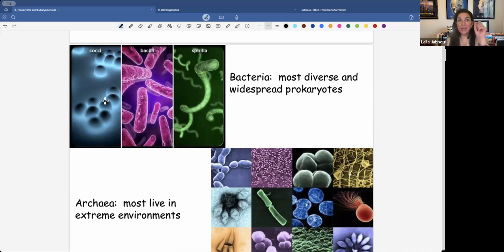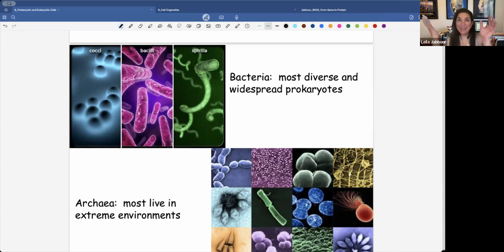They come as little round balls called cocci, or rod-like, long little rods called bacilli. A bacillus is a rod-shaped bacterium, a coccus is a round-shaped bacterium, and spirilla are spiral-shaped bacteria.